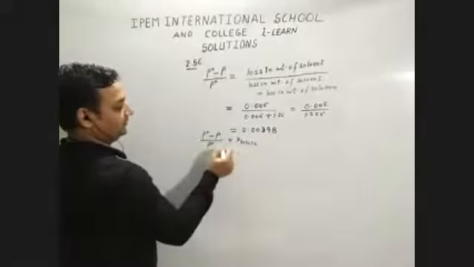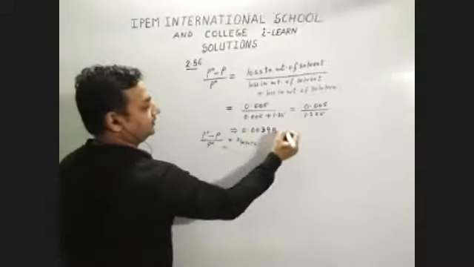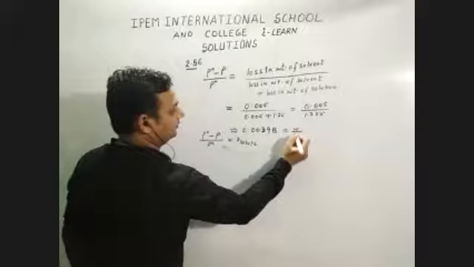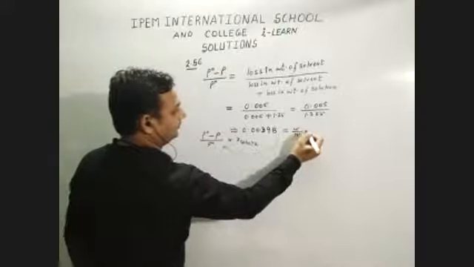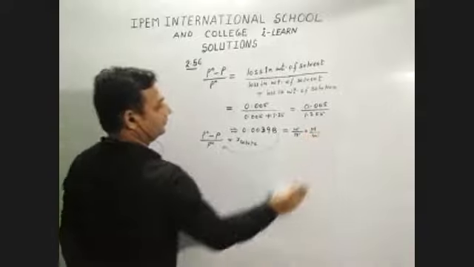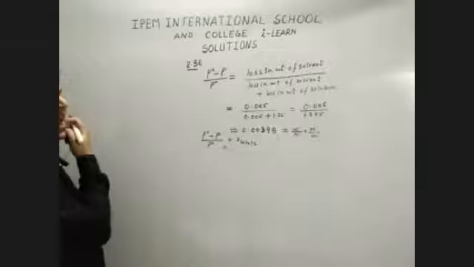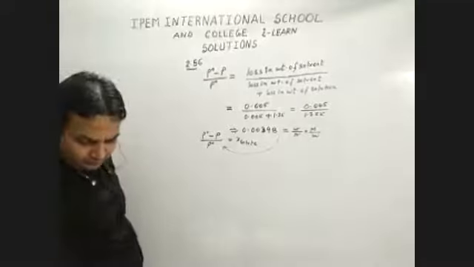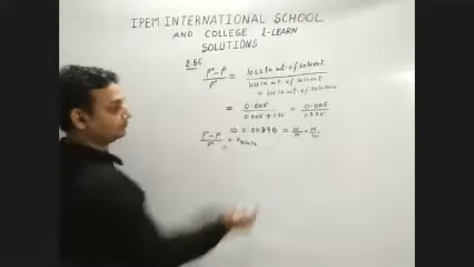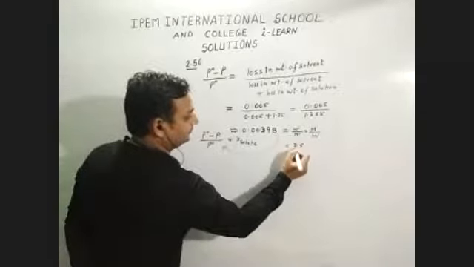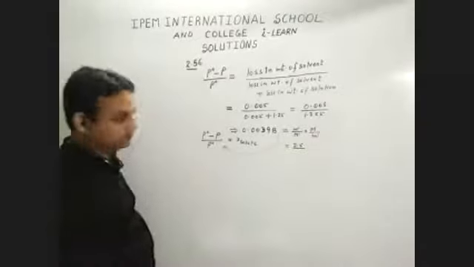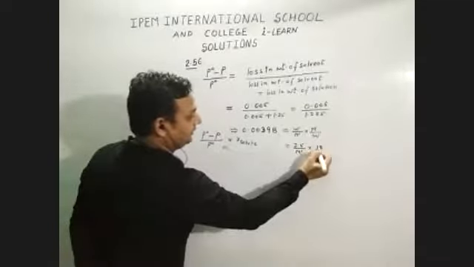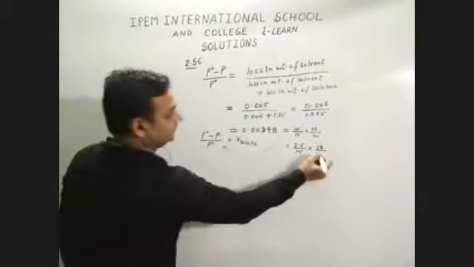So you put this here: 0.00398 equals weight of solute, which they have given, 2.5 gram, upon molecular mass of solute, which we have to find, and molecular mass of water 18, and they have given 100. Solve it now.